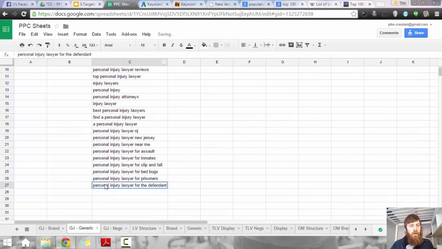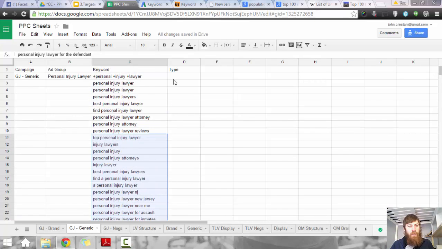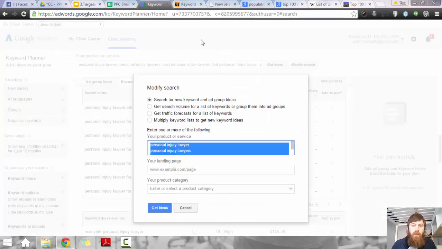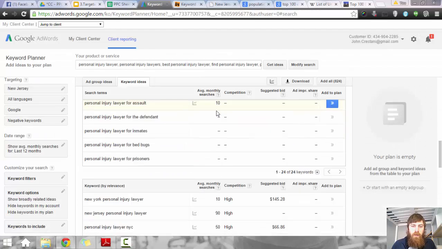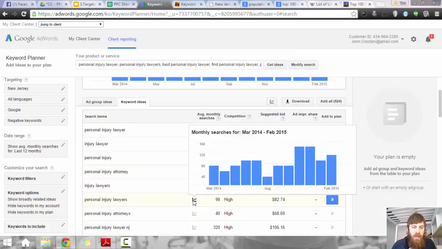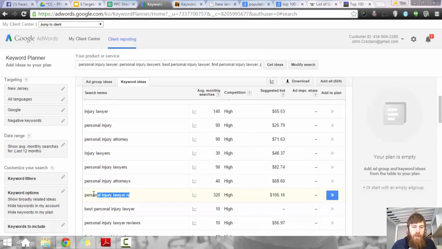This goes a little bit over our preferred length here, but we are really struggling to get any sort of volume in this group. That's the problem. If you look at this, we have pretty low volume here. It's pretty sad, actually. What I do like is that there is a lot for personal injury lawyer NJ.